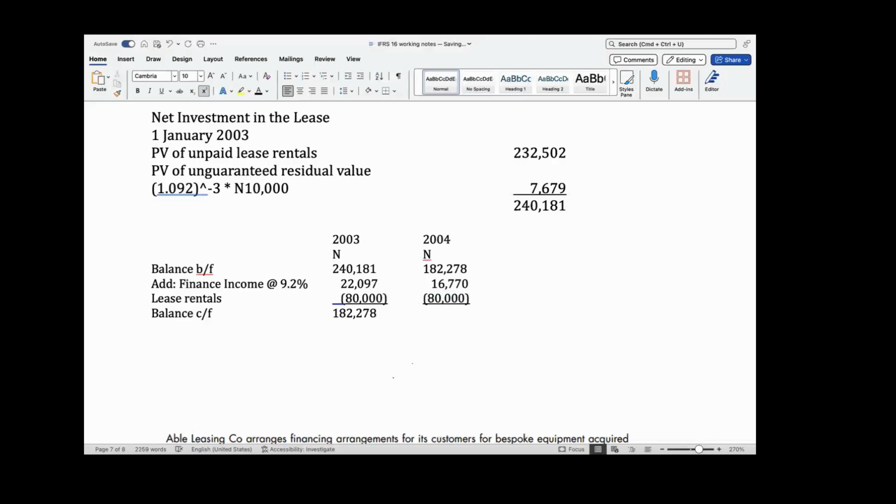So what's the balance? 119,048. Now in 2005, which is the final year, 119,048. So what's 9.2% of that? 10,952.